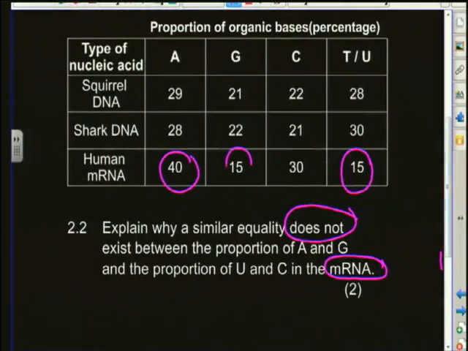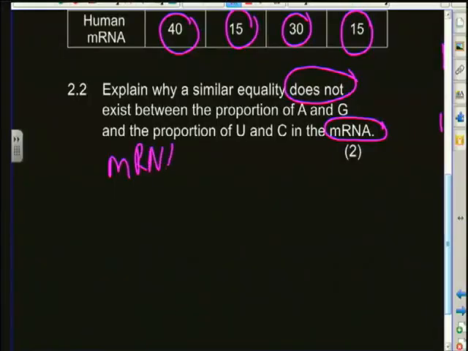Okay, 15, 30. Remember what I said here. If we have a look, 21, 22, almost exactly. 22, 21, exact. So why on the mRNA do we not have the same proportion? What is the mRNA? The mRNA is a single strand. Yes, it doesn't match up.